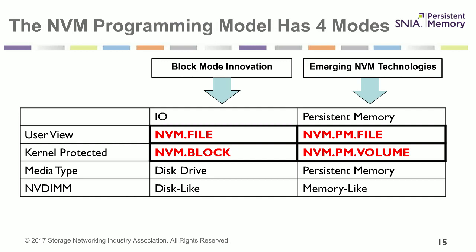It's a byte addressable memory style API. Load stores can be used directly against these devices, either as a flat memory space or even as a persistent memory aware file system, which is the PM.file. And you get the benefit of the low latency and the byte addressability and the persistence. And this is definitely probably the most topical and interesting of the access methodologies.